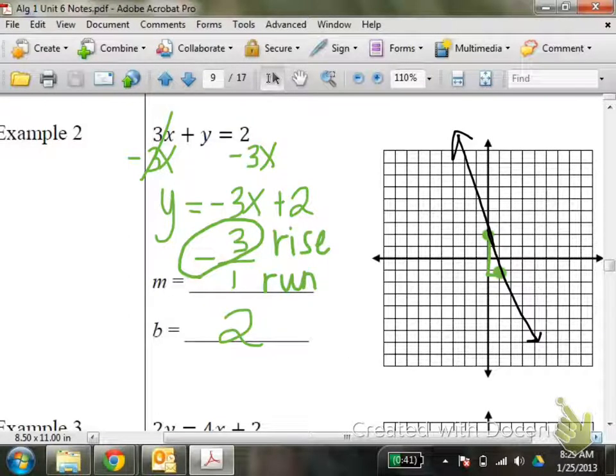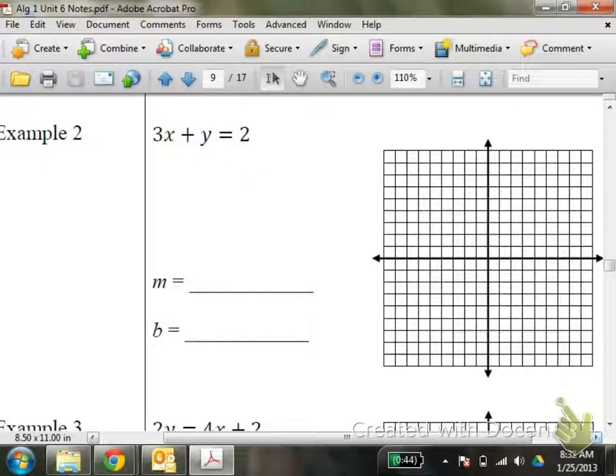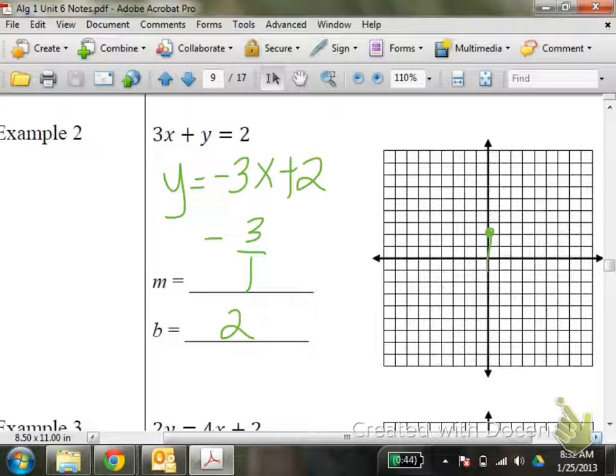Okay, what would have happened if I attached the negative to the bottom? So this was y equals negative 3x plus 2. So our slope was negative 3 over 1.